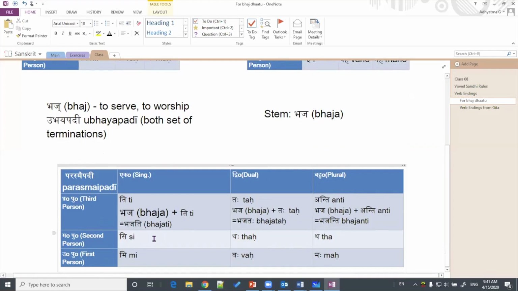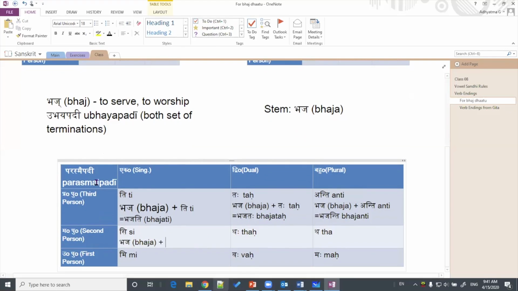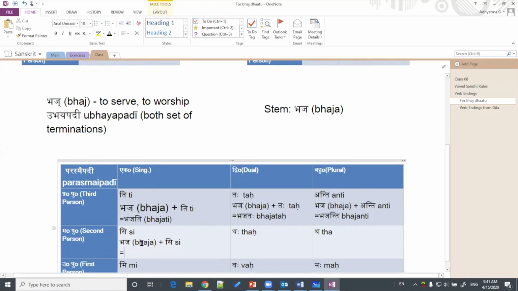Okay. So this is again very simple actually. Bhajasi. So bhaja plus si becomes bhajasi.